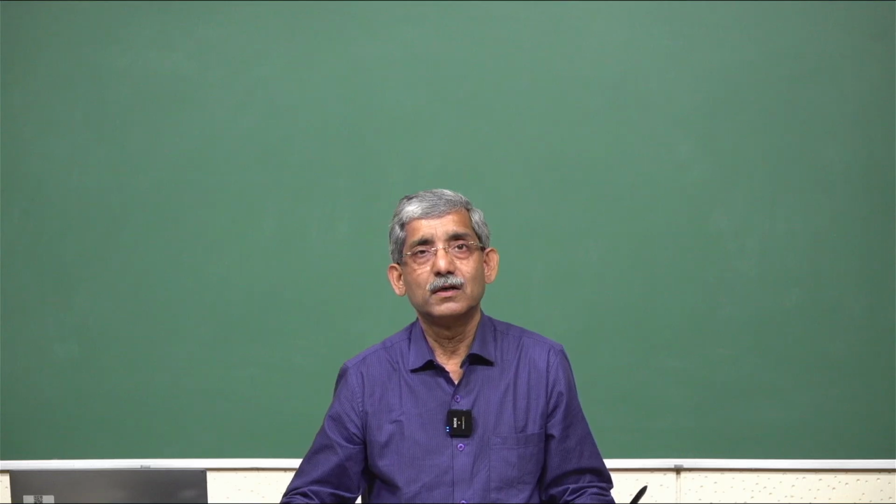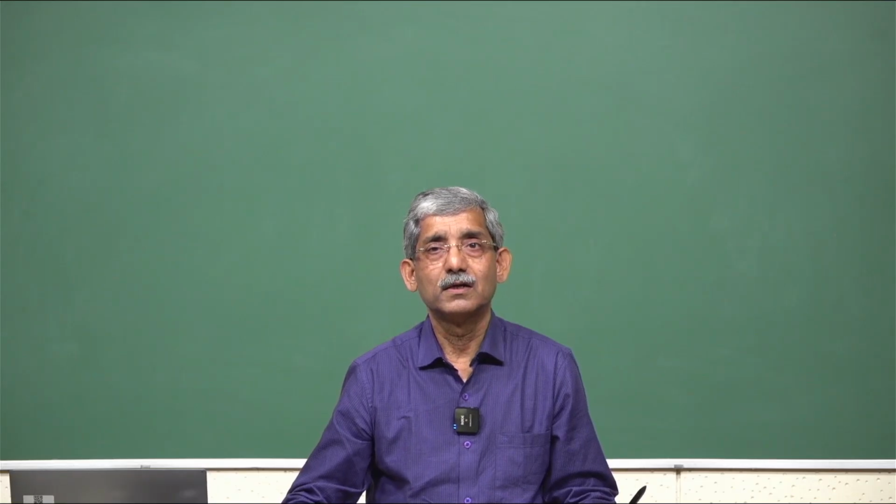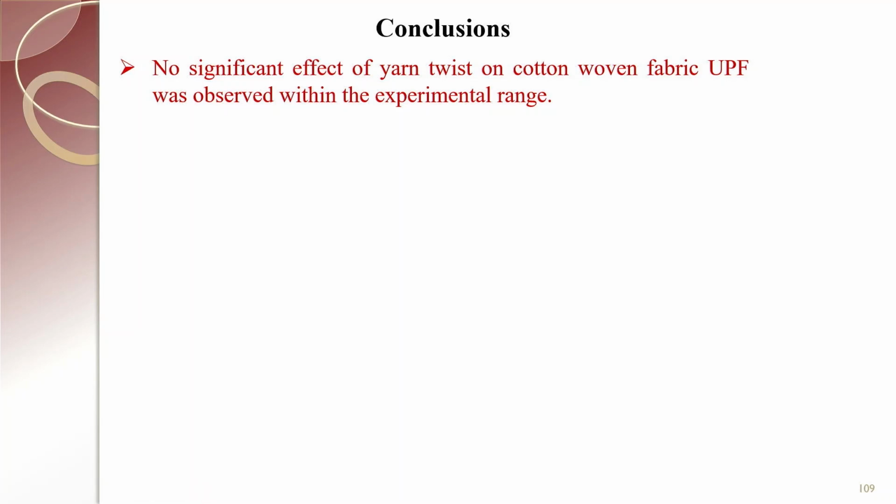So, what should we conclude here? The overall study or basic conclusion is that there is no significant effect of yarn twist on cotton woven fabric for its UPF characteristics, and this is within the experimental zone.